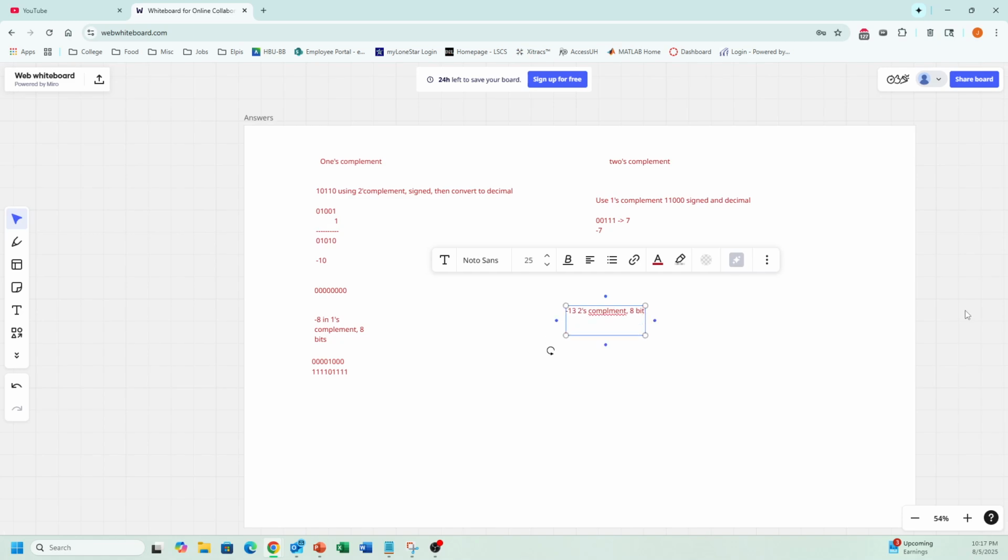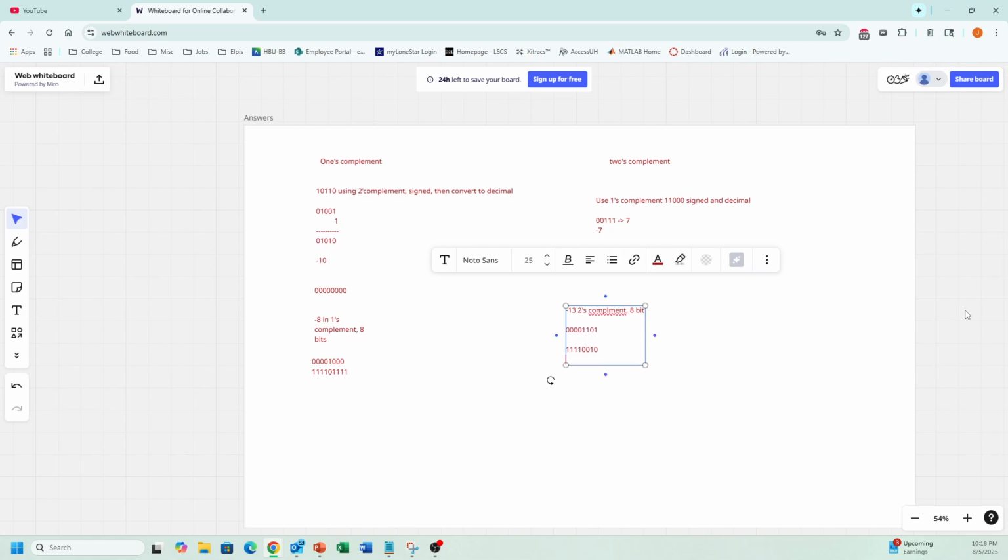Okay, first we have to put this in 8 bits, so 13 in 8 bits is going to be 0, 0, 0, 0, 1, 1, 0, 1. Then invert it, so 1, 1, 1, 1, 0, 0, 1, 0.